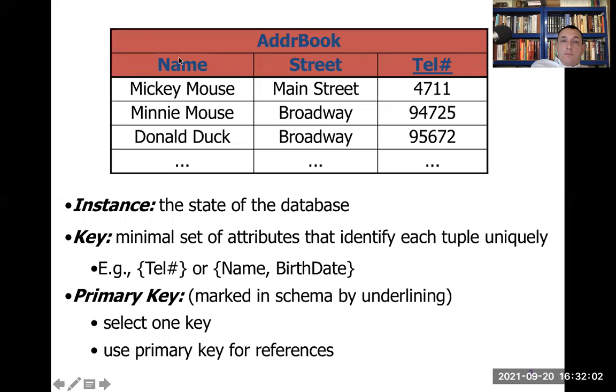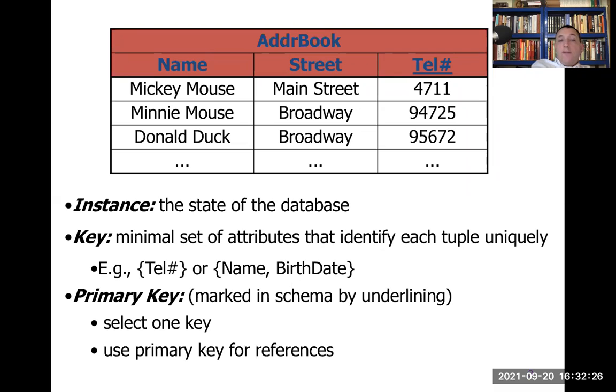As in most cases, all the attributes, full set of attributes, that's possible to use all the attributes to identify each tuple uniquely. But we want to find minimal one.